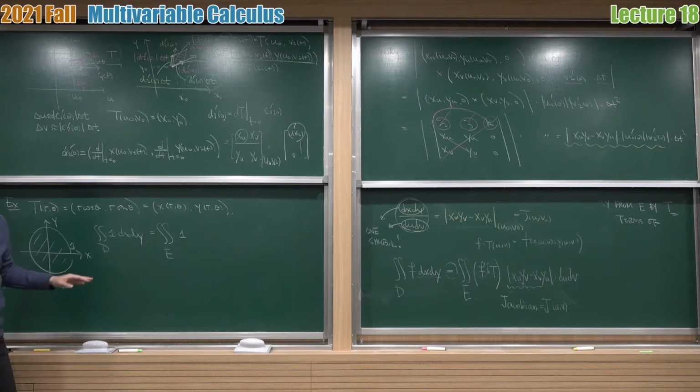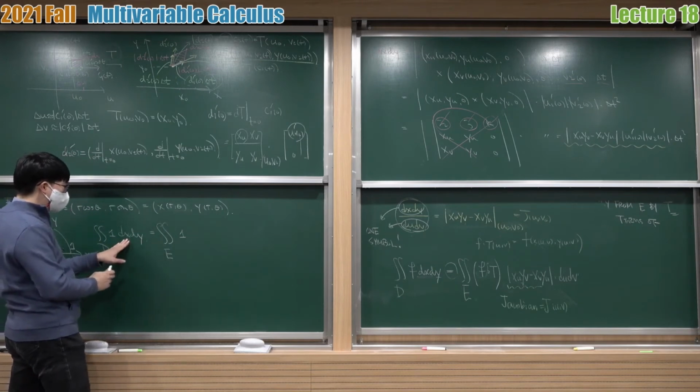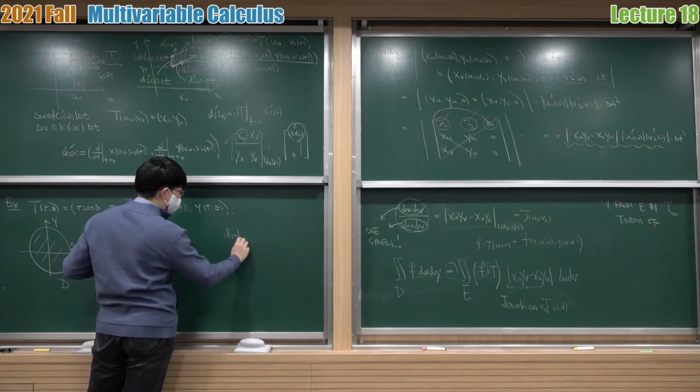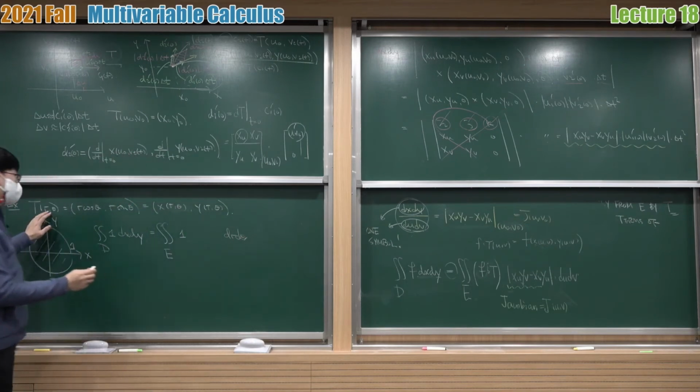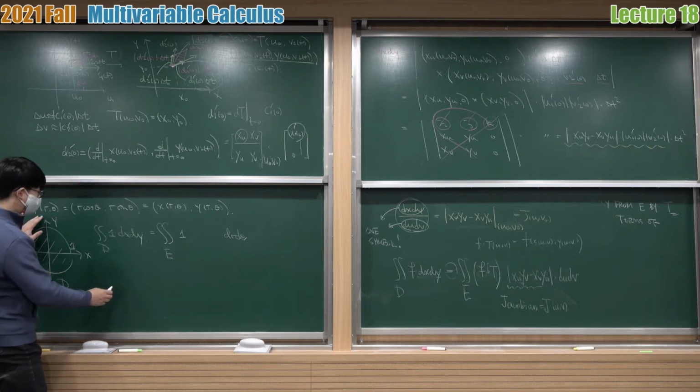It's always the same as 1, so nothing changes here. But I have to change my dx dy in terms of dr d theta, because those are the coordinates that I want to map to the xy plane. So let's look at what T looks like.